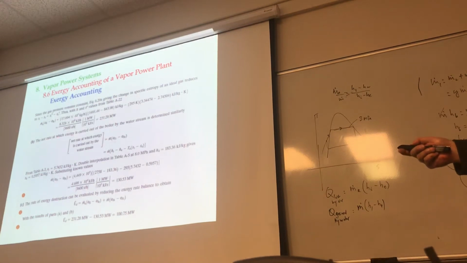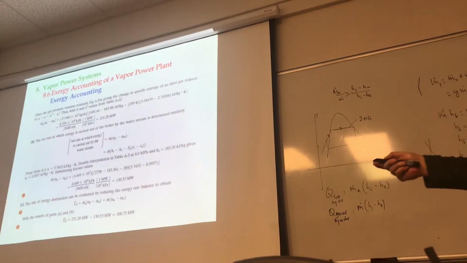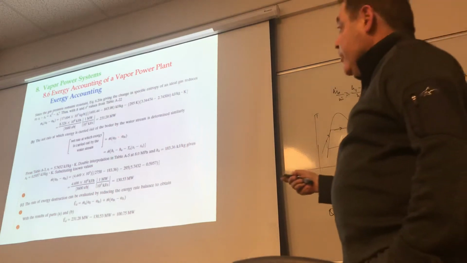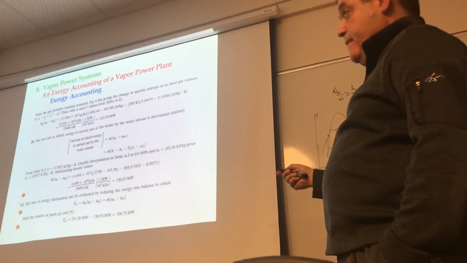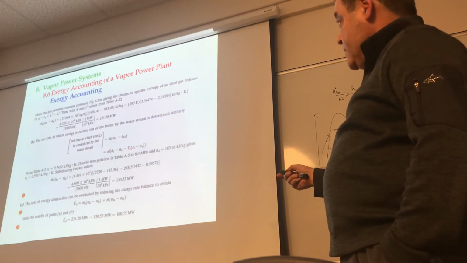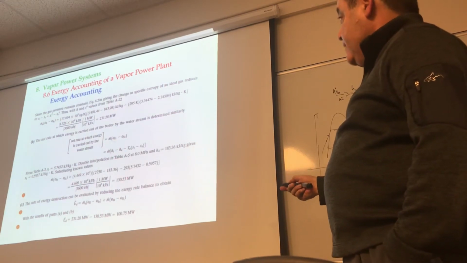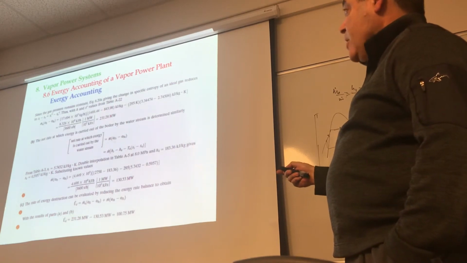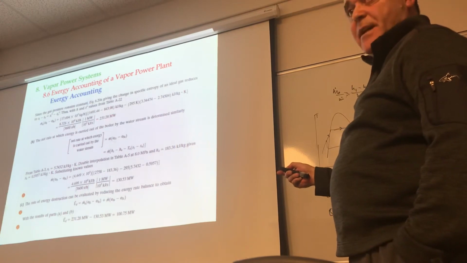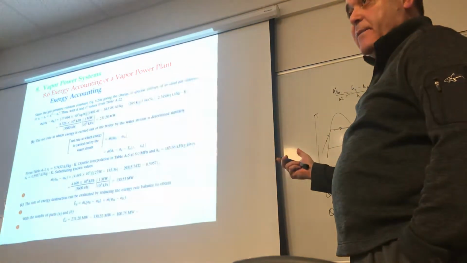The net exergy taken out of the boiler by the water, it's the same equation, m dot times EF1 minus EF4. Same equation as before, right? And then you find in this case that it's 130.53, okay? So this is how much exergy those hot gases are bringing in, right?